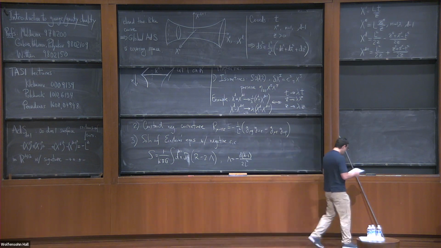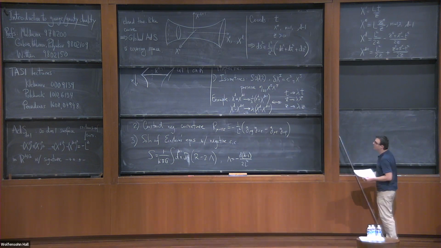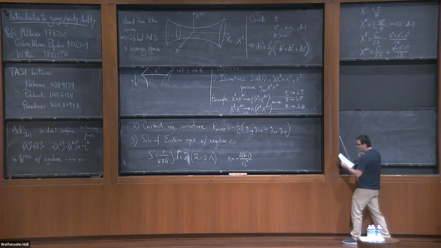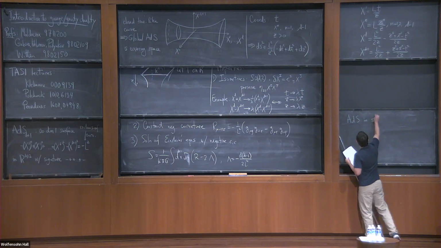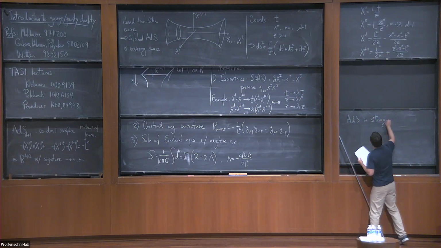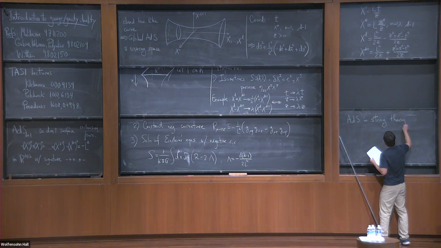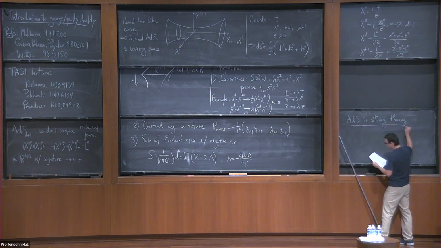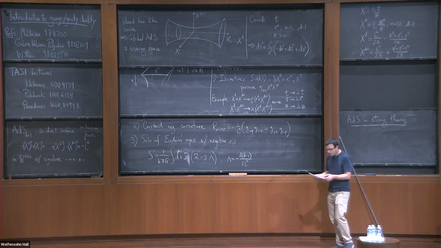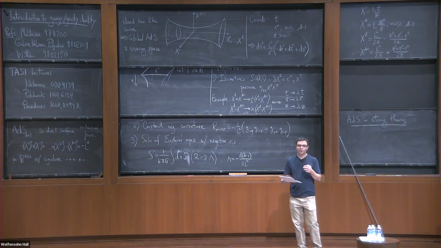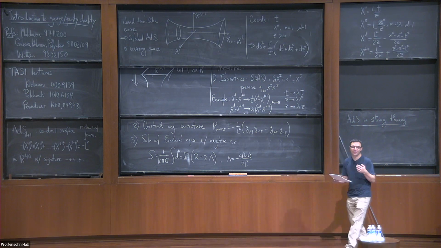Okay, so anti-de Sitter space, the reason why it's important for gauge gravity duality is that it appears in string theory. To explain that, one would have to explain what string theory is.